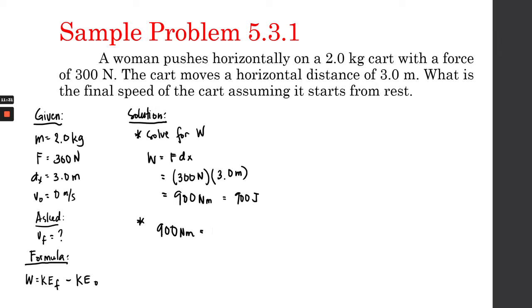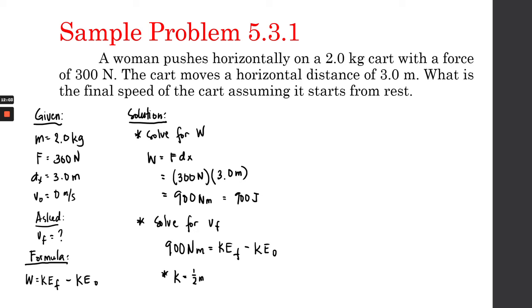Now, to solve for the final velocity, we're going to use our found work and equate it using our formula. So we're going to have 900 newton meters equal to the final kinetic energy minus the initial kinetic energy. But we know that the equation for kinetic energy is equal to what?